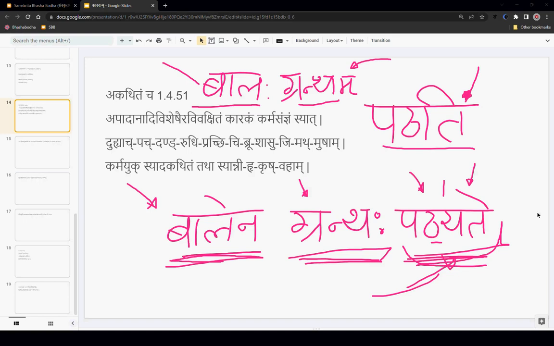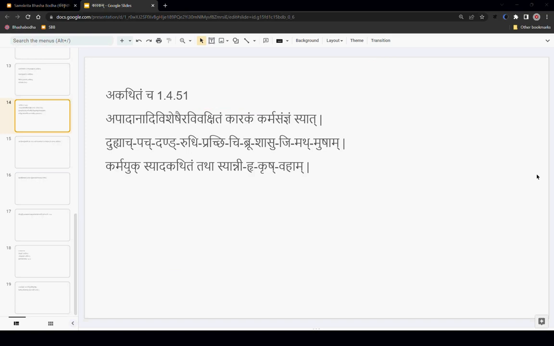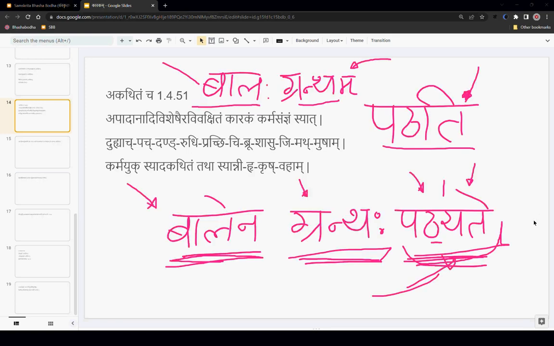Yes. Yes. So here I just wanted your focus on this, but we got into this explanation. Pathati, pathyate. The difference here is kartari and karmani. In kartari, the vachanam of pathati will be according to the kartrupadam, and in karmani prayoga, the vachana of the kriya padam will be as per the karma padam, which is in the prathama vibhakti here.